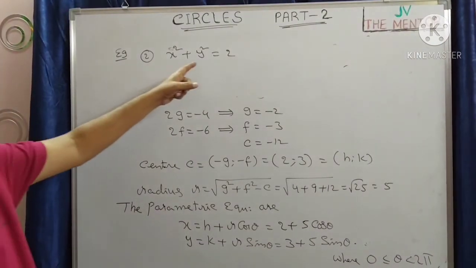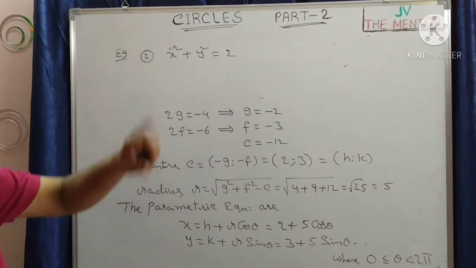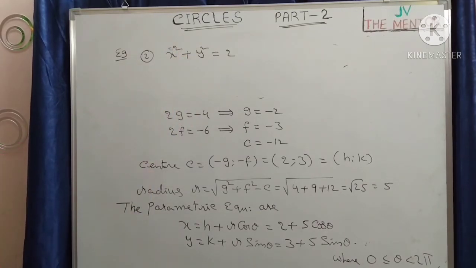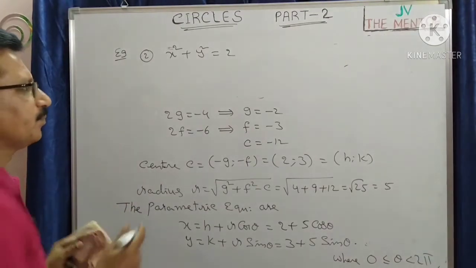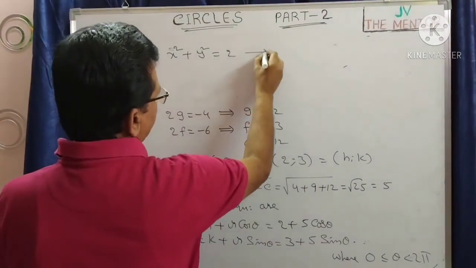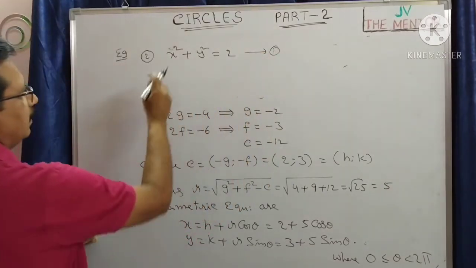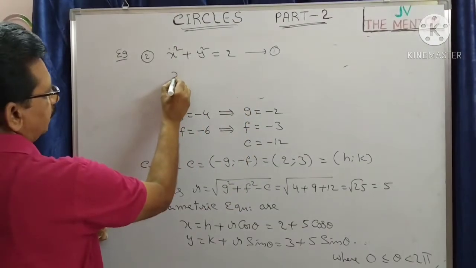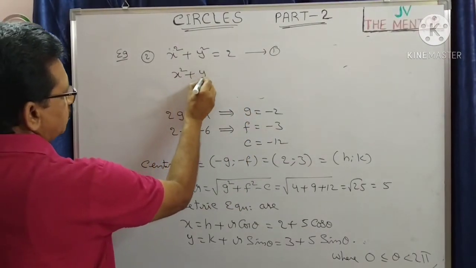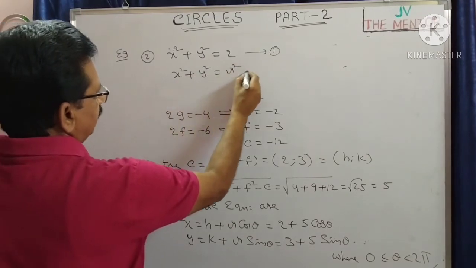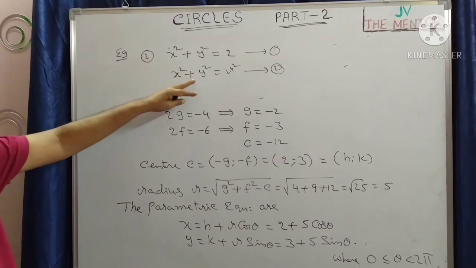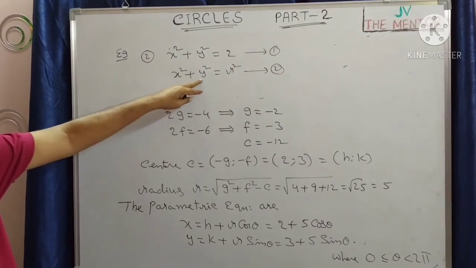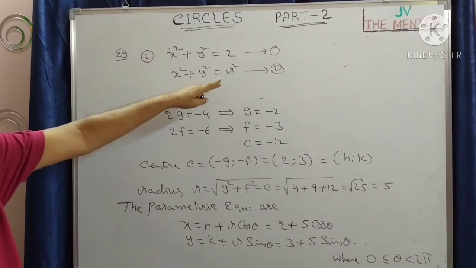It is of the form x square plus y square equal to r square, when center is origin and radius is r. Here this is the given equation, the first one. Equation number 2, this is the equation of the circle having the center 0, 0 and a radius r.